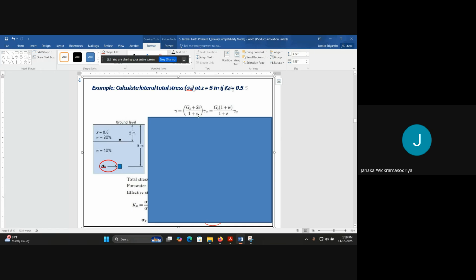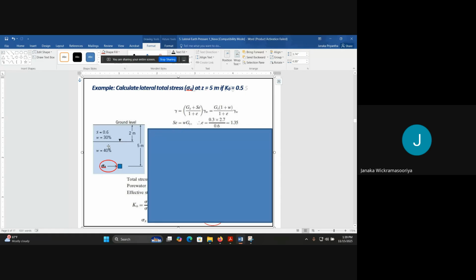This is the very basic equation with the degree of saturation, void ratio, specific gravity and the unit weight. So from this equation, first you can determine the void ratio. S e equals w G s, where S means the degree of saturation, e means the void ratio.